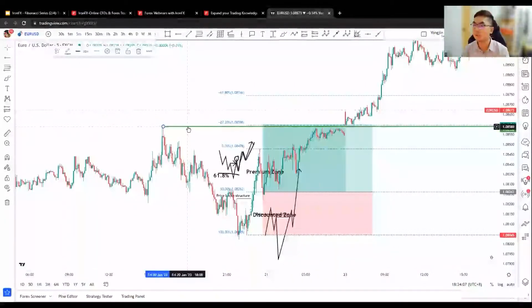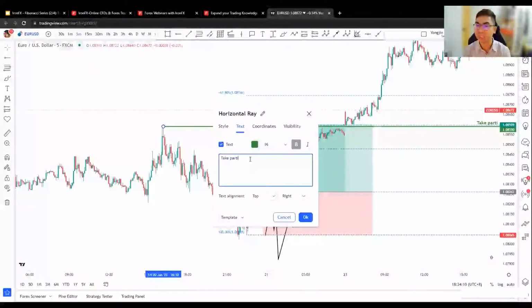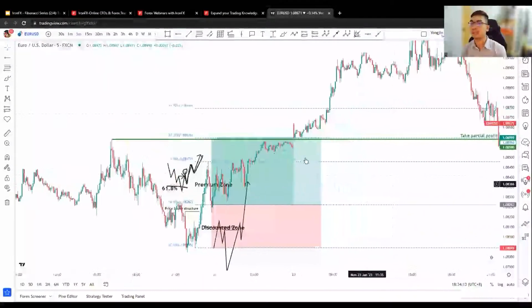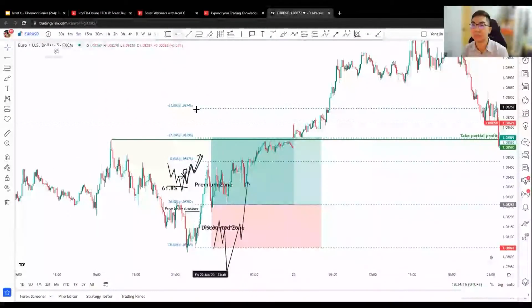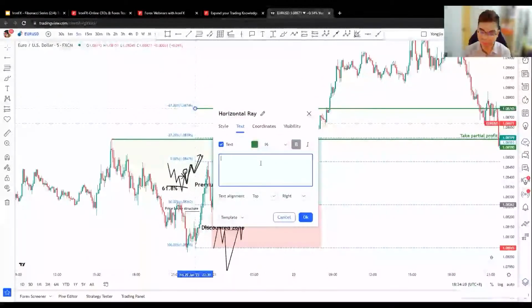So you can either take partial profit right there, and then your final take profit can potentially be at the negative 61.8% Fibonacci line. Final take profits.